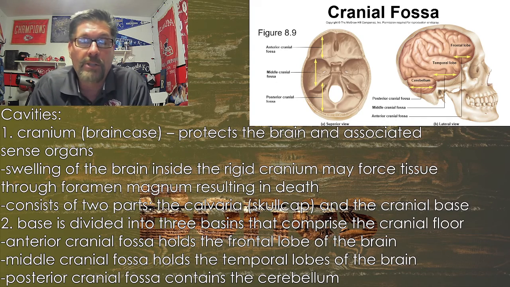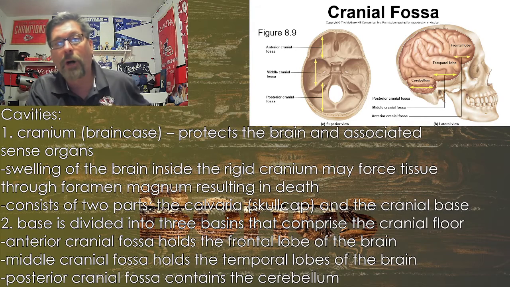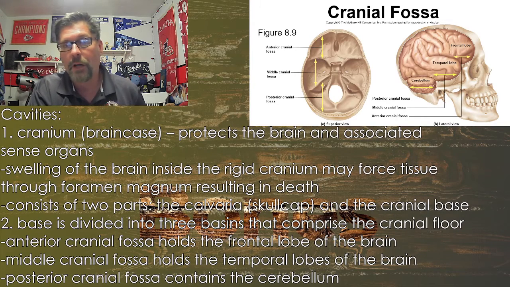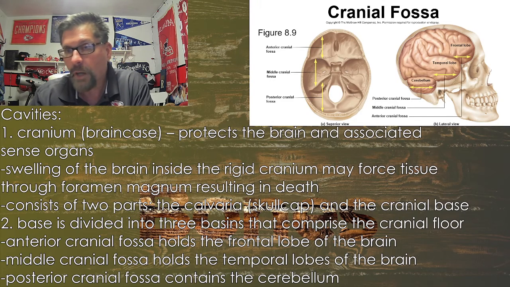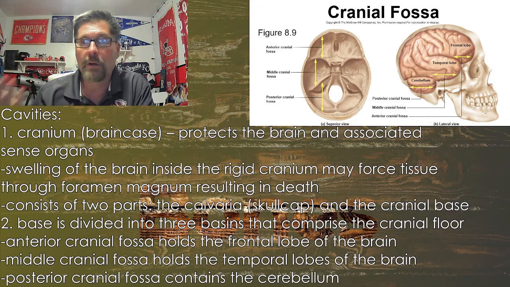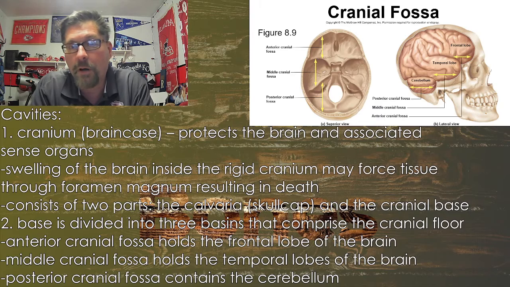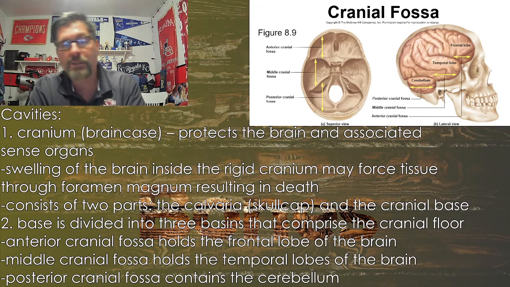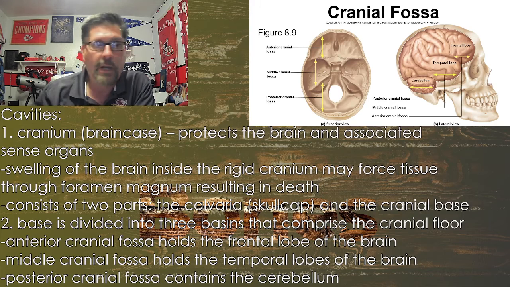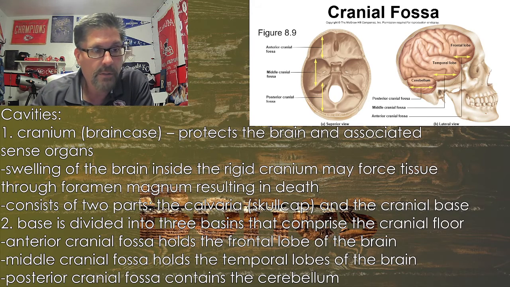But again, just like a dropped carton of eggs, there's only so much the container can do to prevent that. But you can see the sections there, and that's listed in the written part. And a potential test question may be, okay, the cerebellum, what part of the skull area does the cerebellum set into, what part does the temporal lobe set into, that kind of stuff. So you want to be sure to capture that information.